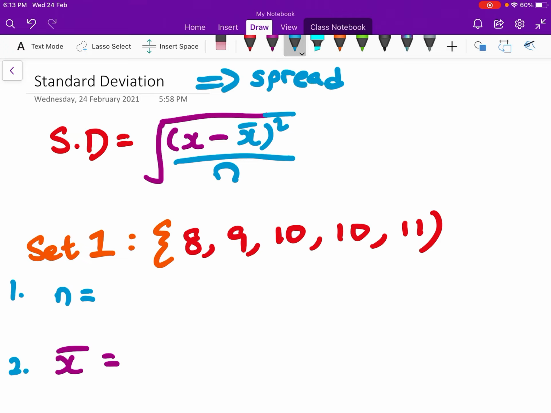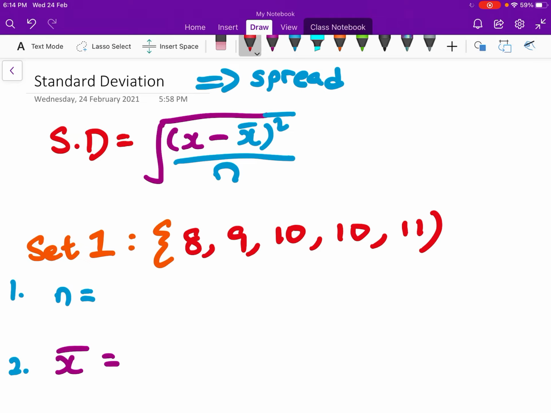What kind of data do I have? For example, the income of a country. I want to calculate the standard deviation. Another data set is the results of our upcoming Term 1 test.